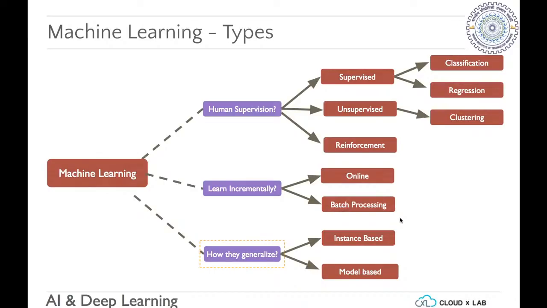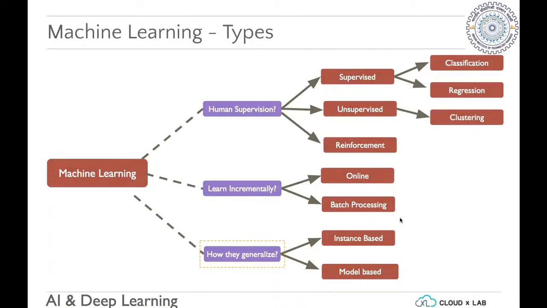All right. Now, so far we have talked about the basis on which we categorize machine learning. The first one was whether the task requires human supervision or not. The second was whether, in a particular machine learning task, we need to learn incrementally, as in when the data is coming, or we have to learn in a single go.